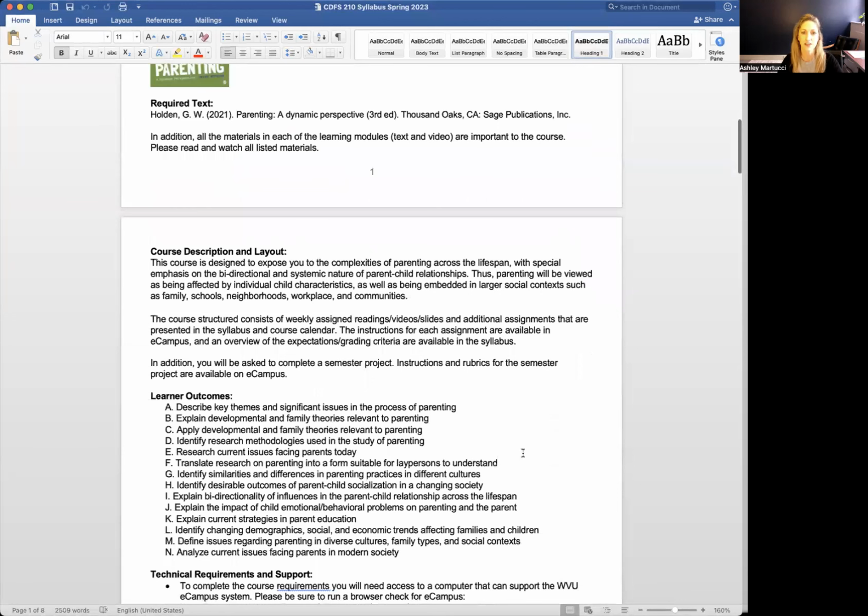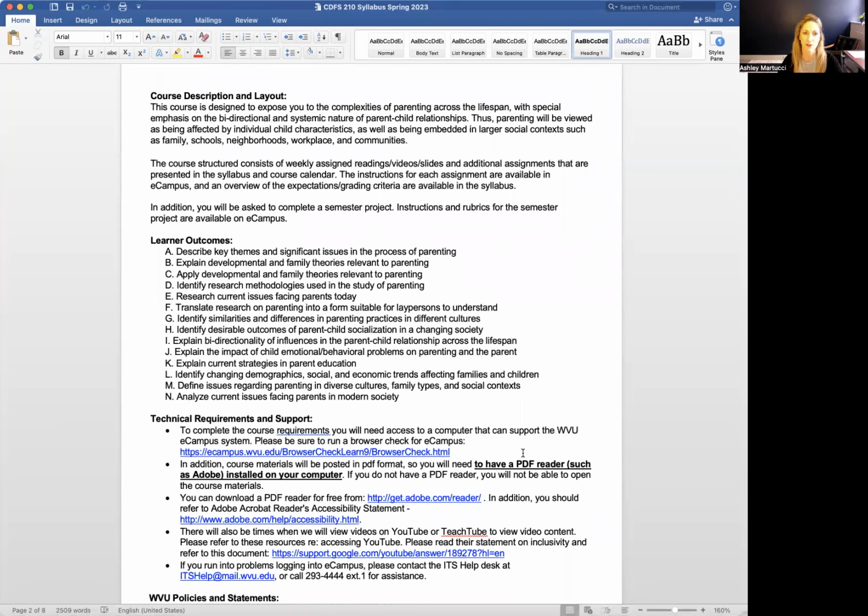So the next section of the syllabus is really about the course description and the layout. Every week we're going to have a module, and within that module it's going to have slides and videos and activities and questions and things for you to do, assignments that are actually due throughout each module, and they may vary, but they will have a similar structure to them.